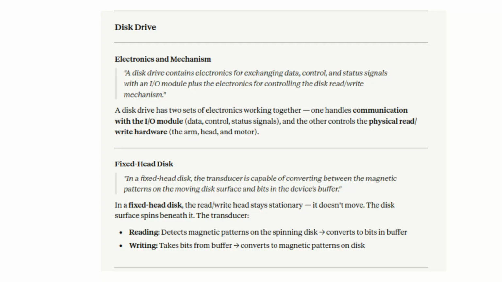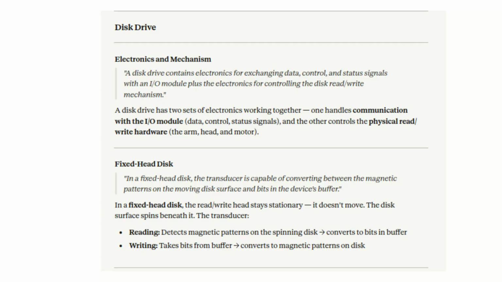The other electronics is used for controlling the disk read or write mechanism, which controls the physical read or write hardware. So in the disk drive there are basically two electronics: one which handles communication with the IO module, and another which controls the read or write mechanism.